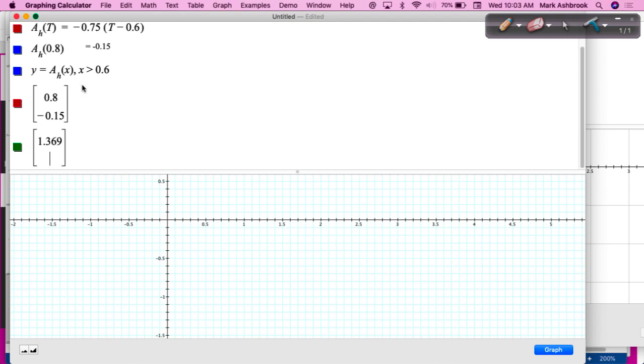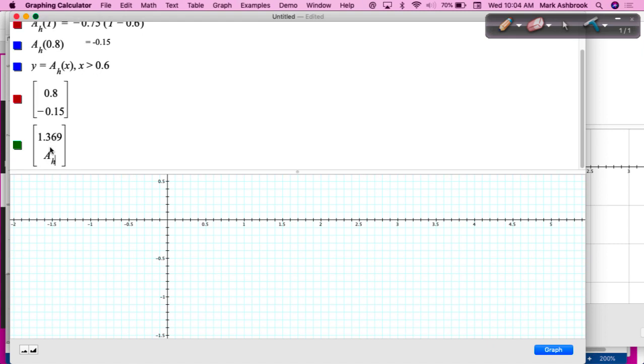Right, so now I've defined this function, right? I want the value of this function when the independent variable is 1.369. So how do I represent that? A of, right? A of. This little thing that I'm doing right now is so hugely important. We're going to be doing it over and over again. This is called using function notation to represent values of the dependent variable.